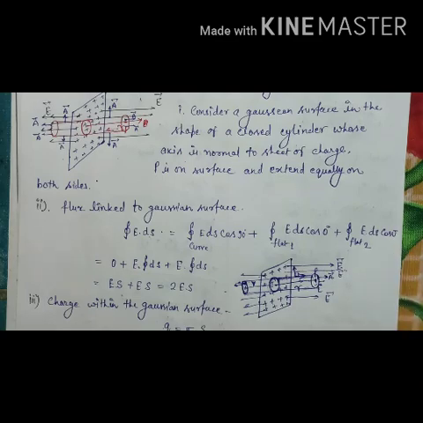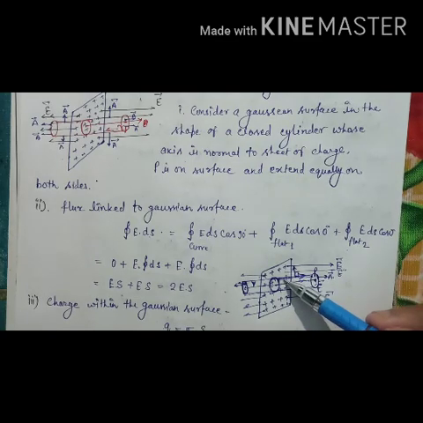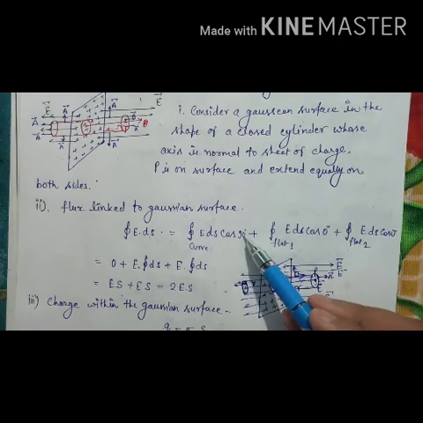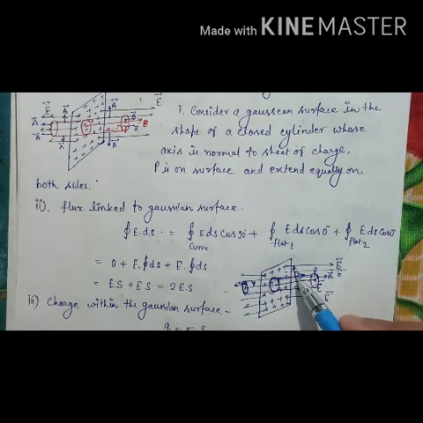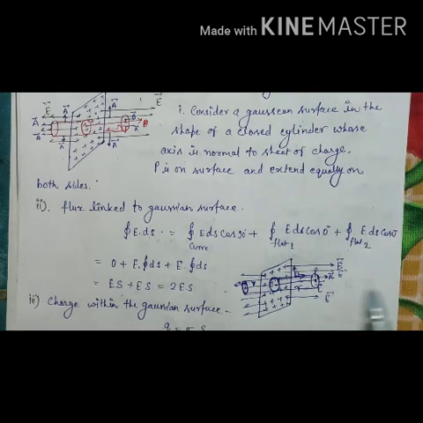E dot ds for the curved surface is E ds cos theta, where theta is equal to 90, since the electric field is horizontal and the area vector is vertical, so the angle between E and A will be 90 degrees, so cos 90. For the flat surface, the electric field and area vector have the same direction, then theta will be 0.